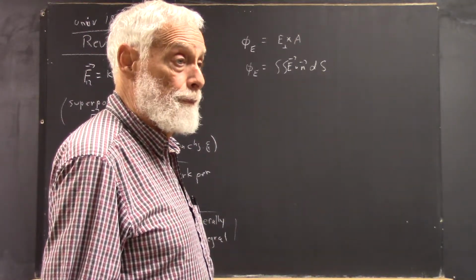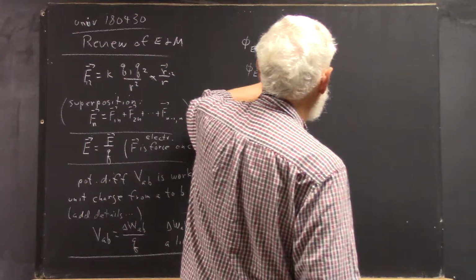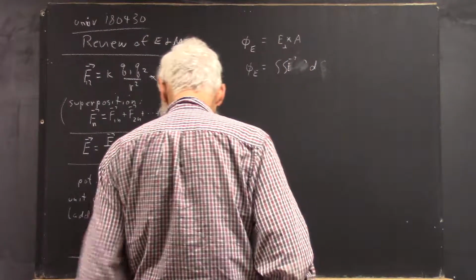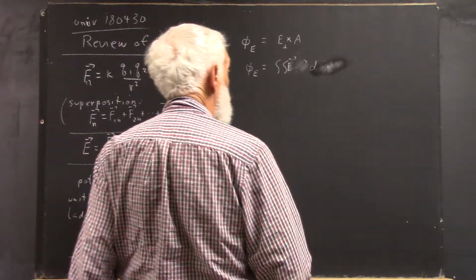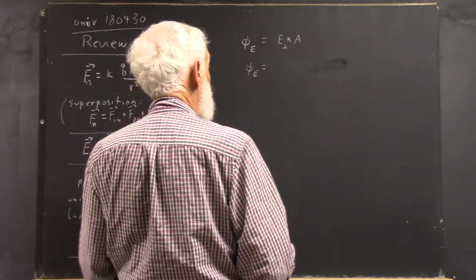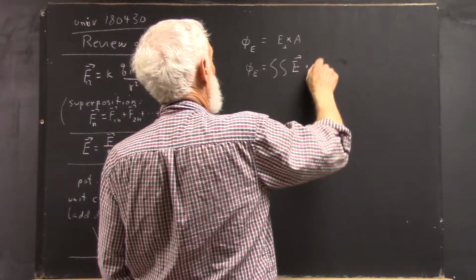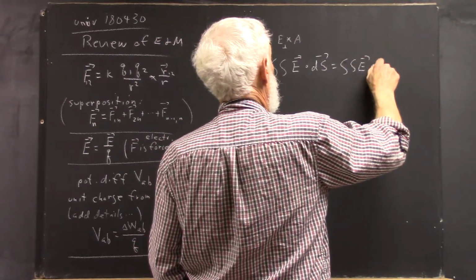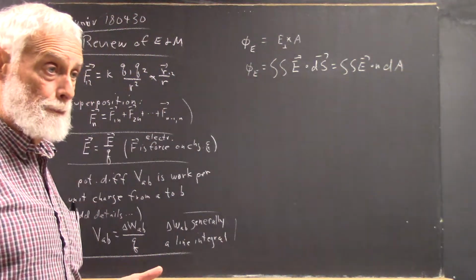Actually, let me write it better. It's a double integral of E dot dS, and by that I mean the double integral of E dot n dA, and this is a surface integral.